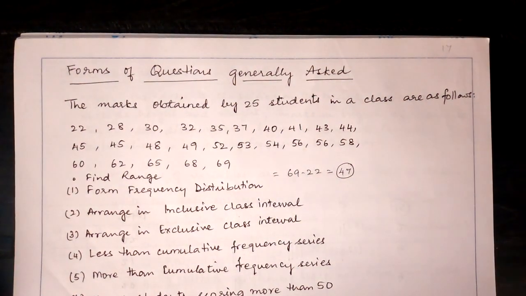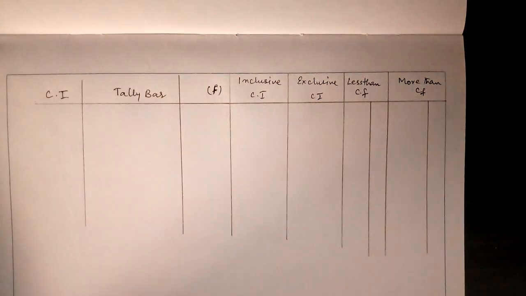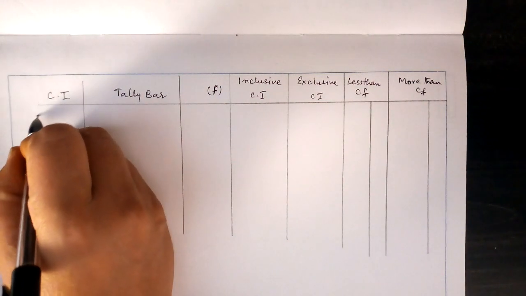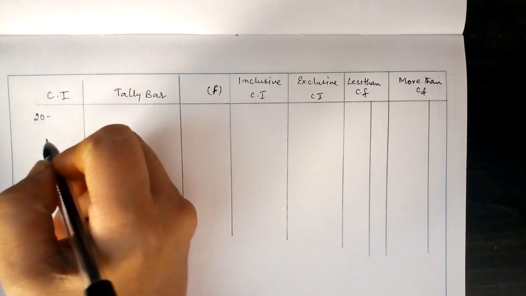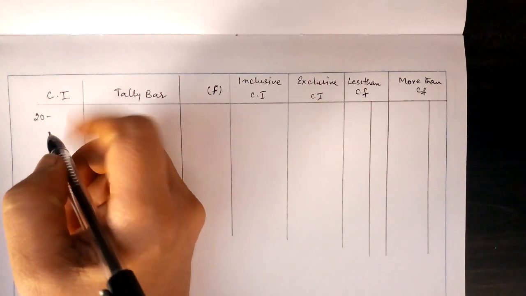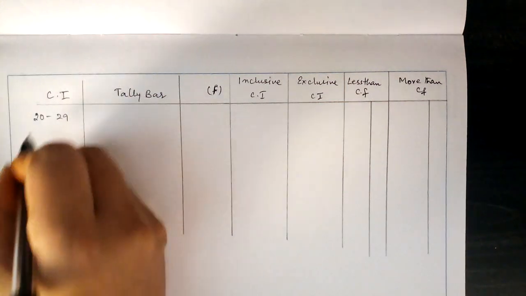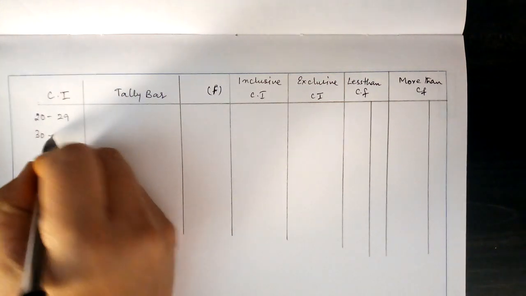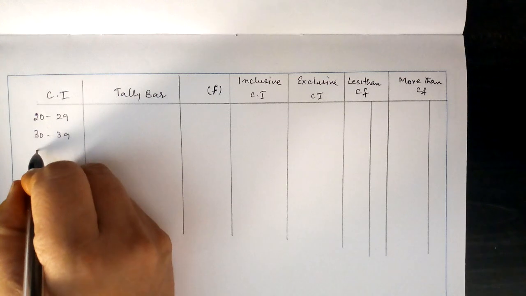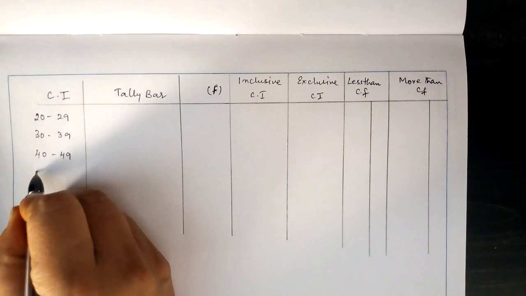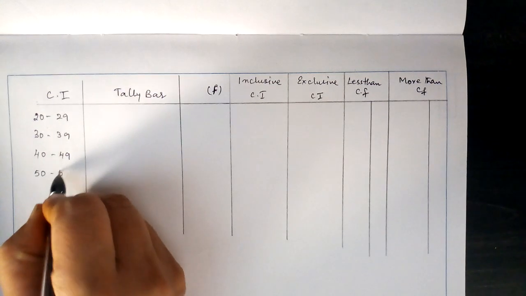So let's do it. Since the first value was 22, we thought we will have a class interval from 20. Since it is an inclusive class interval, we will write 20 to 29. Then our next class intervals will be 30 to 39, 40 to 49, and then 50 to 59.